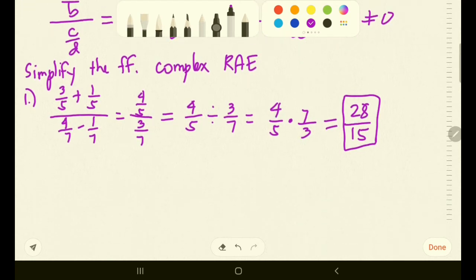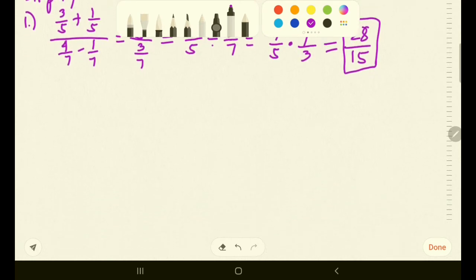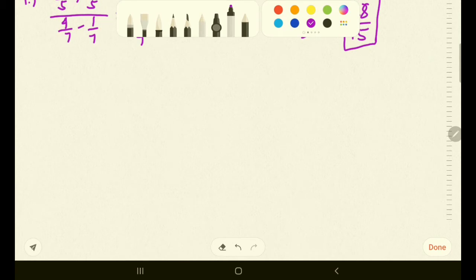Now I'm going to give you another example. Let's have your number 2. You have 2 over a minus 3 over b all over 5 over b plus 6 over a squared.